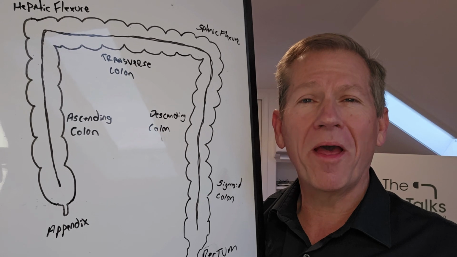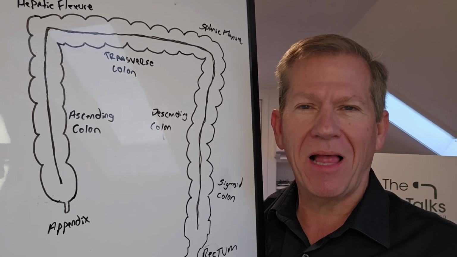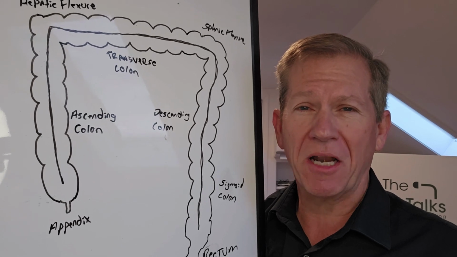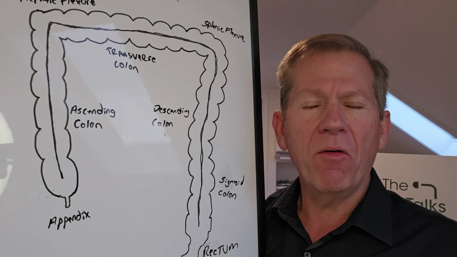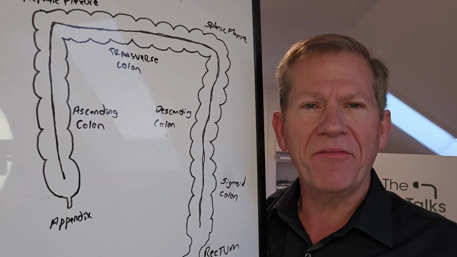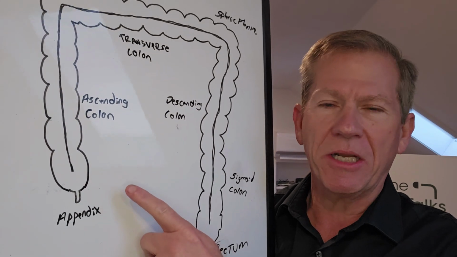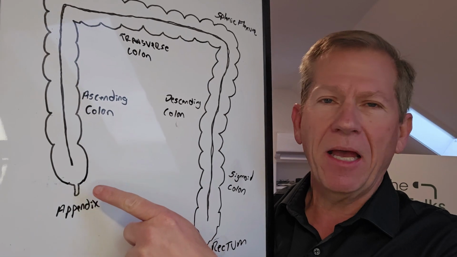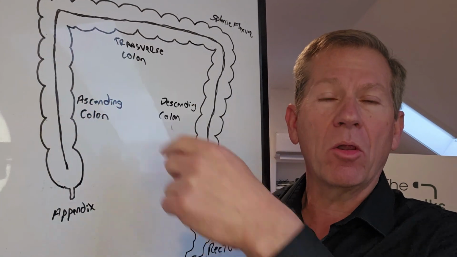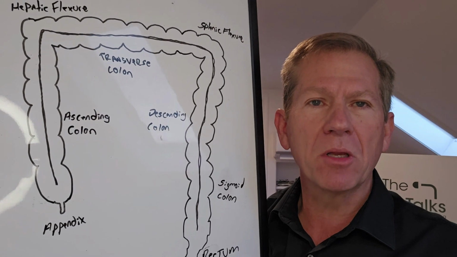So let's start with a little bit of anatomy. Your small intestine looks basically like somebody took a bunch of water hose and just kind of threw it randomly into your abdomen. But when it gets over to the right lower side of your abdomen, it makes the transition over to the large intestine. And it starts right over here where the appendix is. And it comes up, that is the ascending colon or the large intestine. It makes a turn up by your liver.